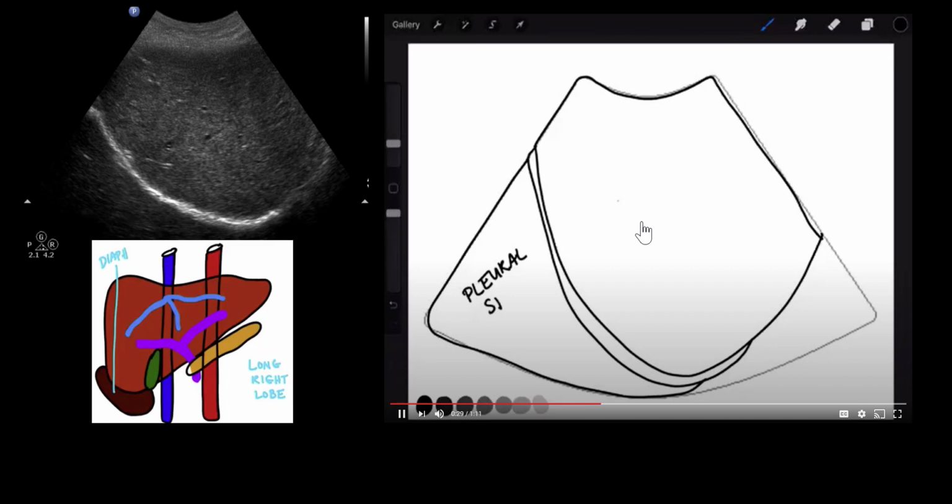We're going to be able to see some more of that pleural space. This is an excellent spot to evaluate for fluid in the pleural space. So our major landmarks for this will be the diaphragm, and the right lobe of the liver with very tiny, if any, blood vessels.